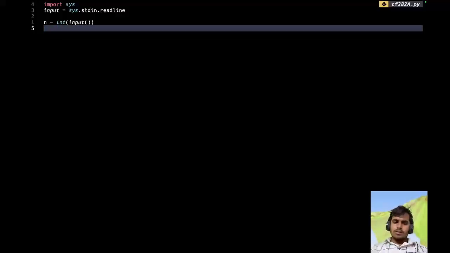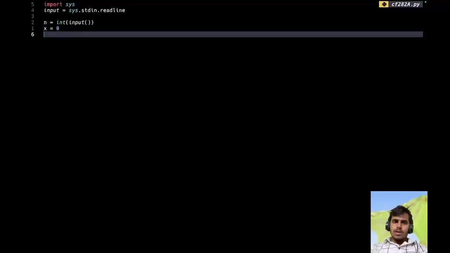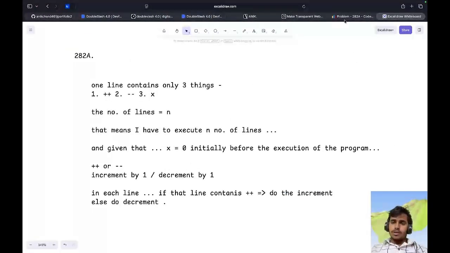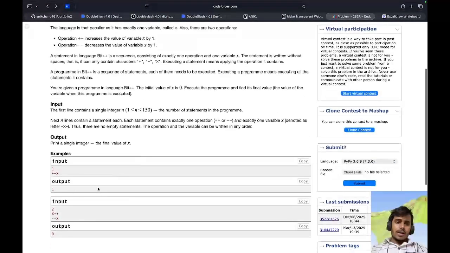We have to write a for loop over n, because you can see there are n lines. Here is one line, here is two lines.